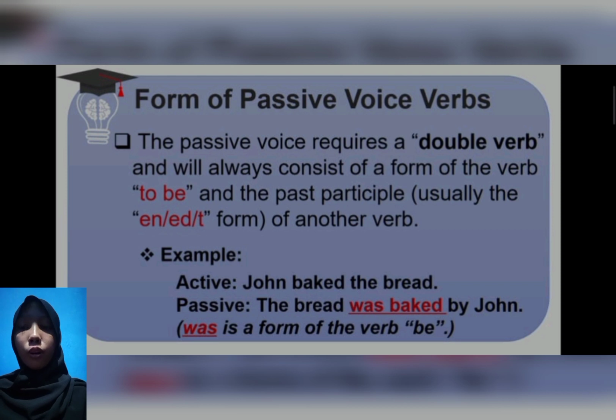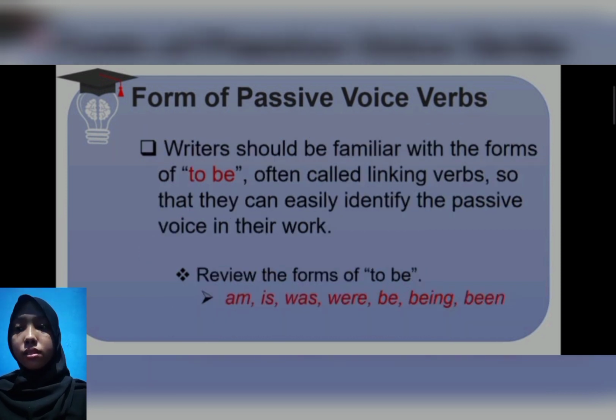Was is the form of the verb be. Writers should be familiar with the forms of to be, often called linking verbs, so that they can easily identify the passive voice in their work.